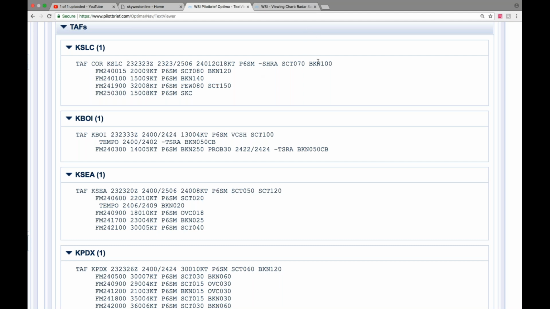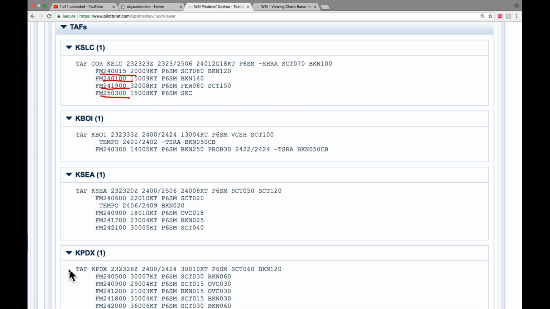So, when I was talking about the TAF issue time and said that TAFs are issued every 6 hours, do not correlate the TAF issue time to what these times should be. Just because it's issued every 6 hours does not mean that the forecast is going to step out every 6 hours, okay?